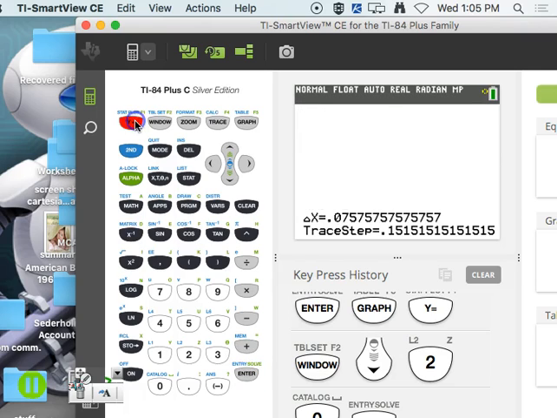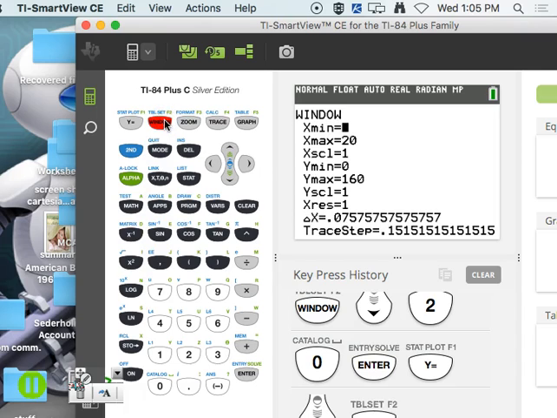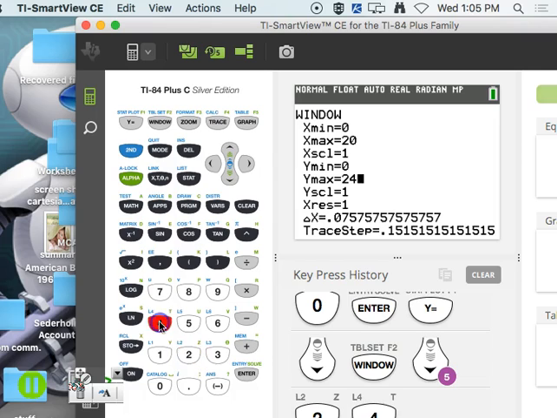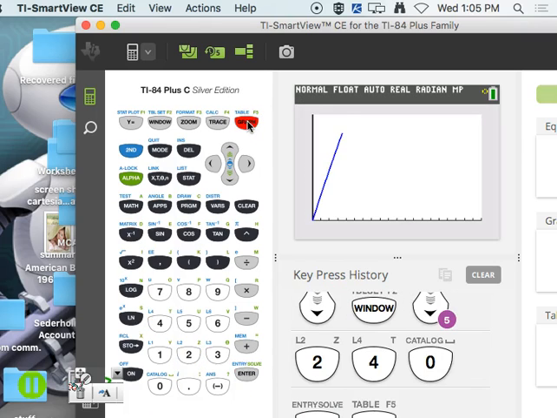I need my y's to be higher. Negative x squared plus 60x. I'll try 240 this time. Still not seeing the very top of this thing.